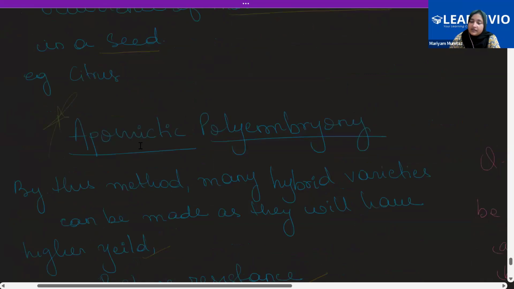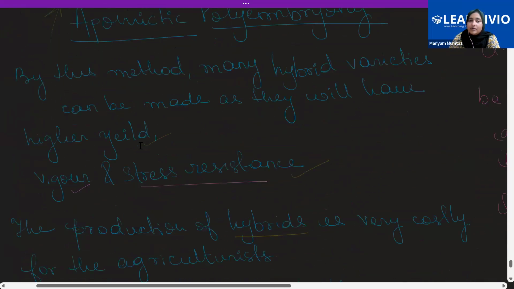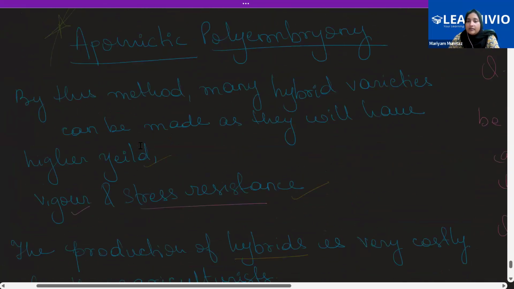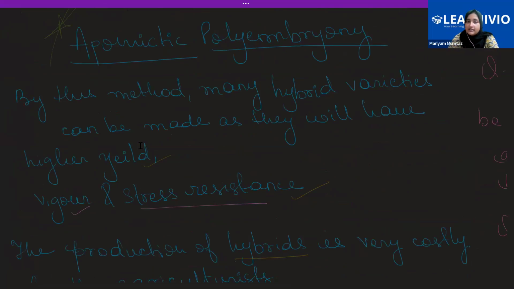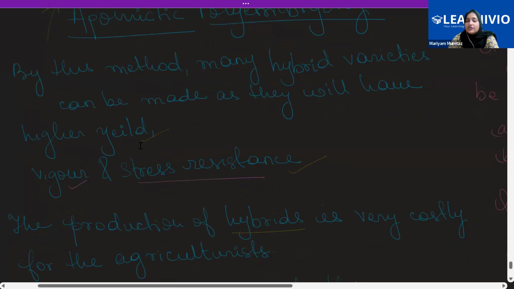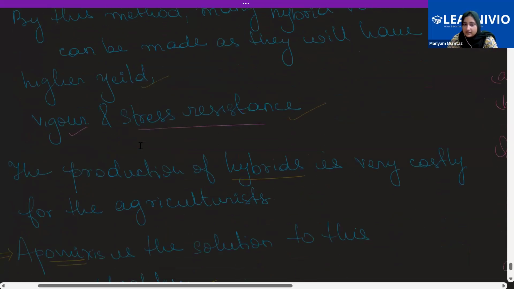Now, polyembryony is also one type, that is apomictic polyembryony, meaning this is a method in which you can develop the seeds that are apomictic in nature, meaning they do not need fertilization, and you can have multiple embryos in them. This will make a higher yield plant which has stress resistance as well. But again, these are expensive as far as the large or mass scale production is concerned.